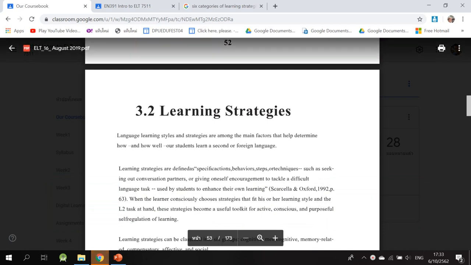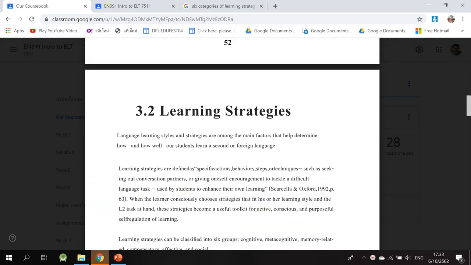Let's look at the learning strategies. Learning strategies are what you do when you learn. According to your ways of doing things, some of you may prefer to memorize a lot of vocabulary and learn grammar.